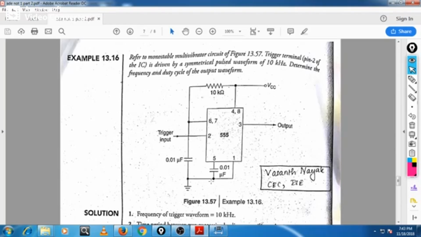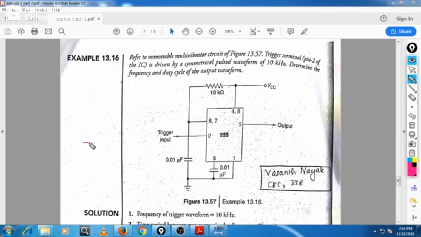Dear students, with respect to our monostable multivibrator, we have one problem here. Refer to the diagram. The trigger input is given at pin number 2 of the IC, and the trigger input is driven by a symmetrical pulse waveform of frequency 10 kHz.